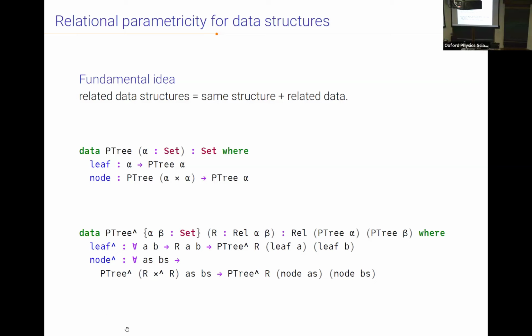And each of those constructors will be a witness of parametricity for the corresponding initial constructor. Okay, so that's the fundamental idea behind making a parametric language with data structures such as P tree and list.